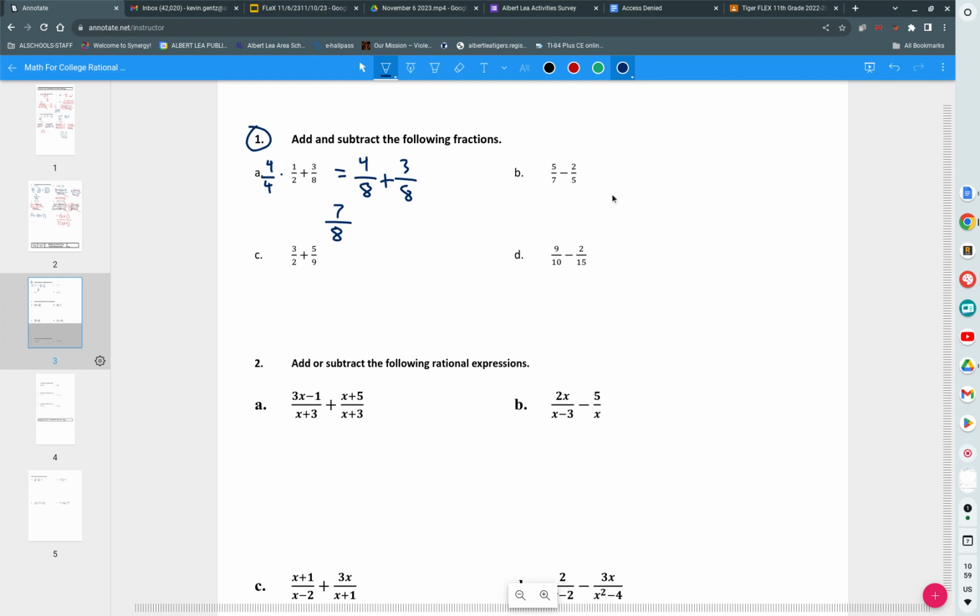What is going to be the common denominator for the next one? 35. So you multiply the top and bottom of one side by what? 5. You're going to multiply the top and bottom of the other side by 7. So go ahead and do that.